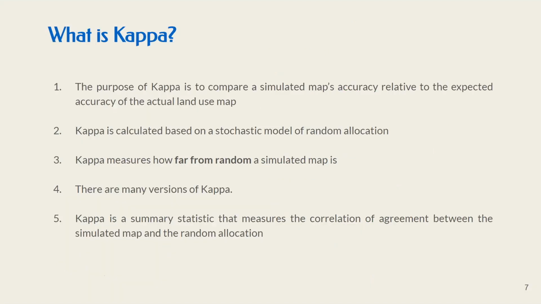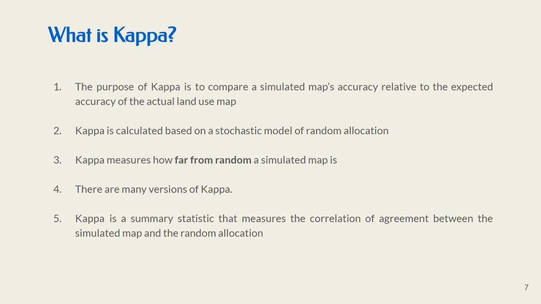The purpose of kappa is to compare a simulated map's accuracy relative to the expected accuracy of the actual land use map. Essentially, kappa is used for accuracy assessment. It is calculated based on a stochastic model of random allocation, and it measures how far from random a simulated map is.